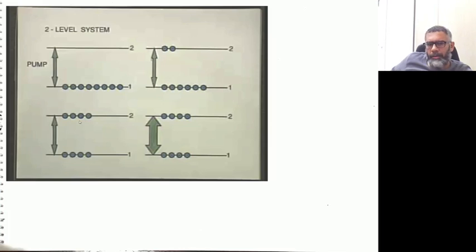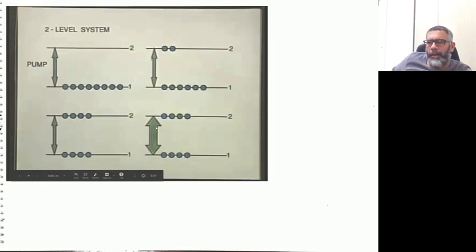Which one will work? Well, once you reach this equality, these photons will be 50% absorbed by the ground state atoms, and 50% absorbed by the excited level atoms. So half and half. So it will never change this number. It will never create a difference between N2 and N1. N2 and N1 will always be the same.